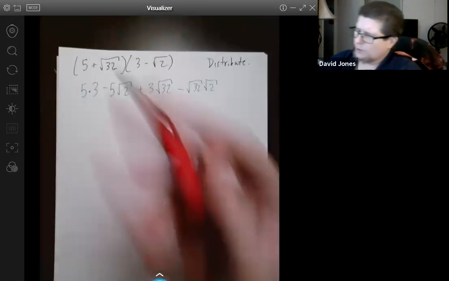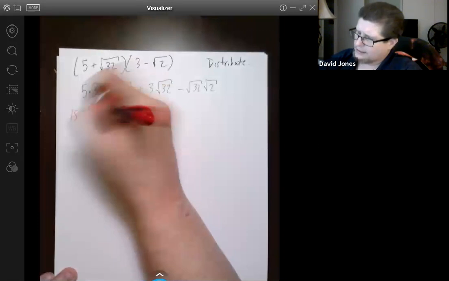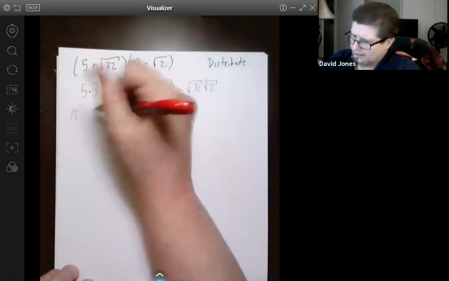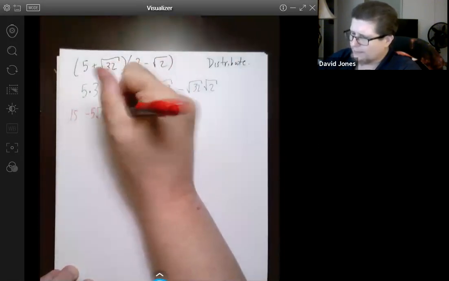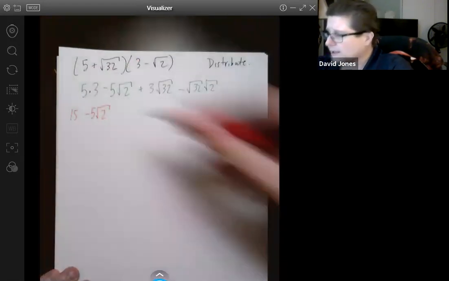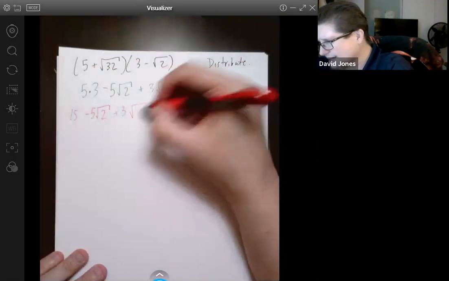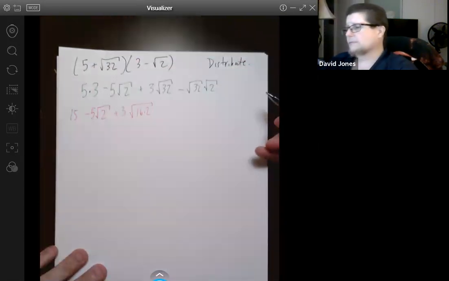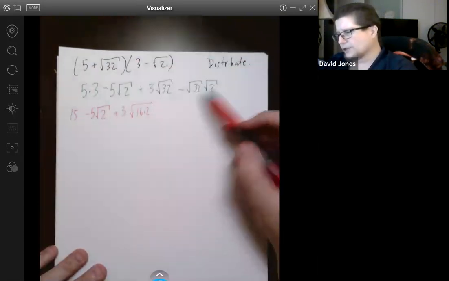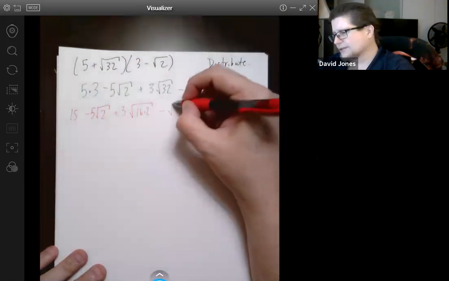And what can we do? Well, 5 times 3 is 15. That simplifies. 5 root 2, it's prime inside. Nothing can go on there. 32, if I factor it, I could write that as 16 times 2, right? And here I can multiply the 32 times the 2 together, and I have minus the square root of 64.